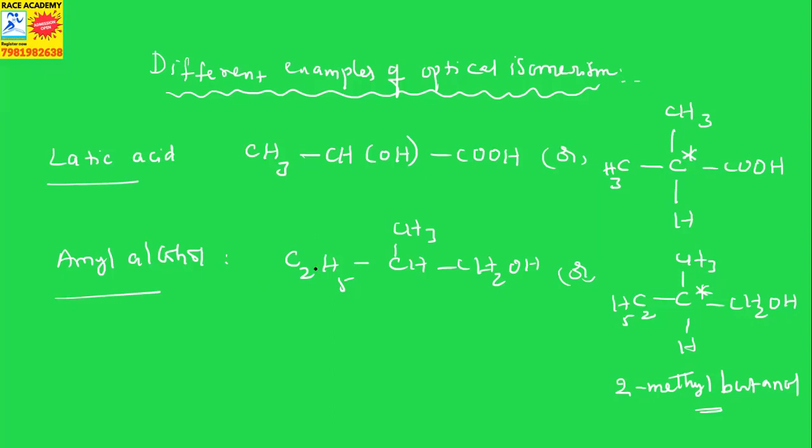Those forms are named levorotatory and dextrorotatory. This does not happen in the case of inactive compounds. Lactic acid and amyl alcohol are the best examples of optically active compounds.